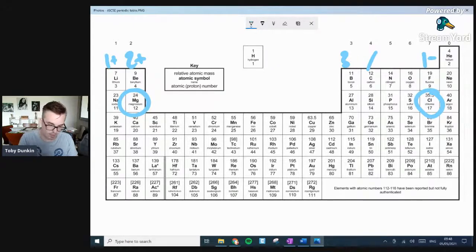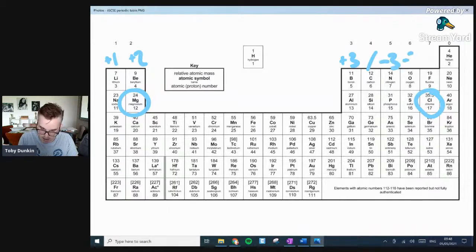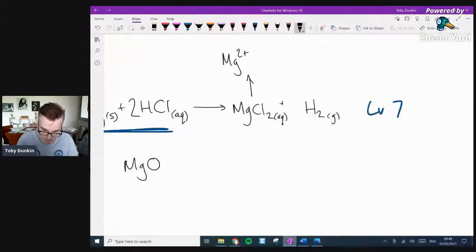You can put the charge on either side, just so you know. What I will do though is keep some continuity here. +1, +2, +3, nothing. -3, -2, -1, nothing. So we learned that magnesium is a +2, Mg 2+, Cl is Cl 1-, and then we do the stupid cross and down trick, which I don't like, but what we realize is we need to cancel out charge.